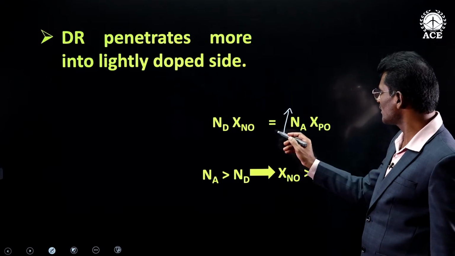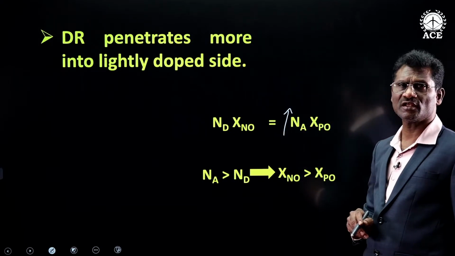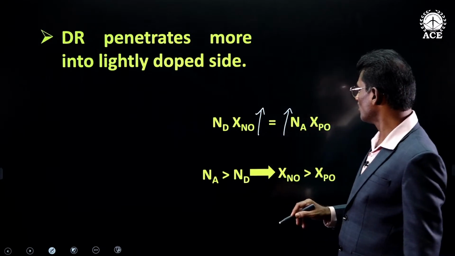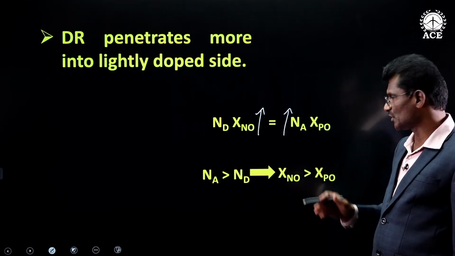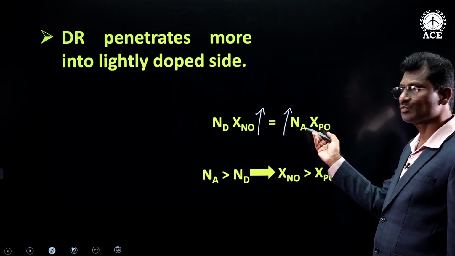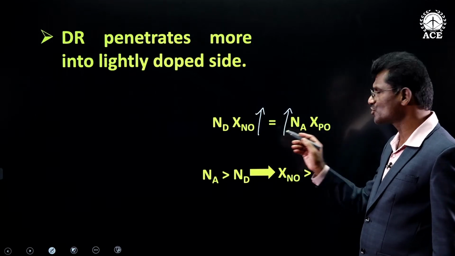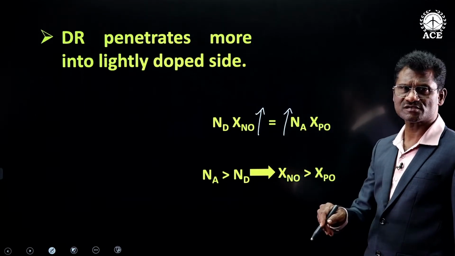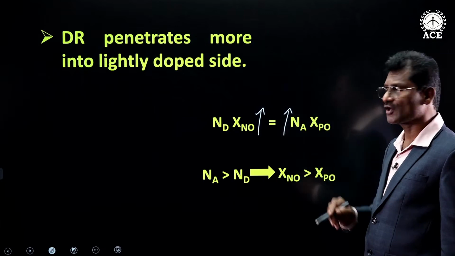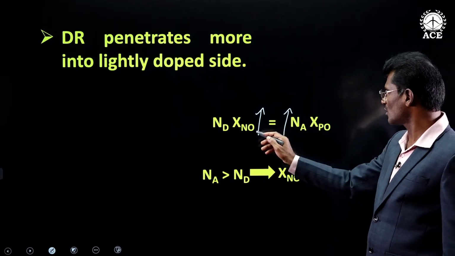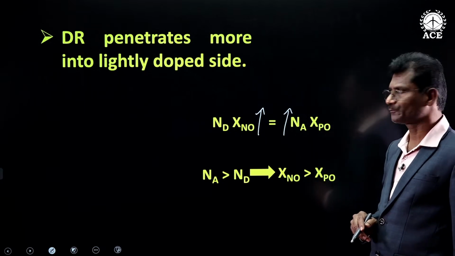Now, to sustain equality, Xn0 should be more than Xp0. See, on the right hand side, Na is more compared to Nd, but equality should be sustained. So to get this equality, we should definitely increase Xn0. So Xn0 should be greater than Xp0.